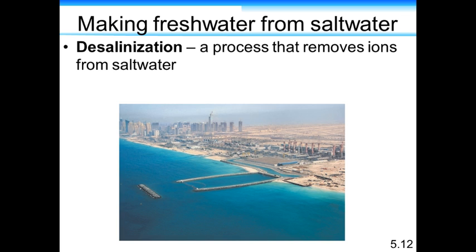There are a number of ways to make fresh water from salt water. That is particularly important to countries in very warm areas without an adequate supply of fresh water. Desalination is the process of removing ions from salt water, essentially the salt, desal, sal referring to salt, removing salt from water.